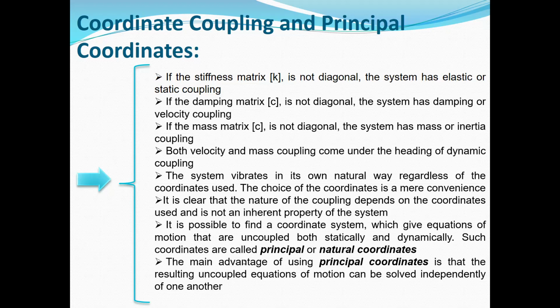So the main advantage of using principal coordinates is that the resulting uncoupled equations of motion can be solved independently of one another. So when you use the natural coordinates, in fact, instead of one 2 degree of freedom system, you will have two systems of single degree of freedom, and you can use the previous methods to solve these equations.